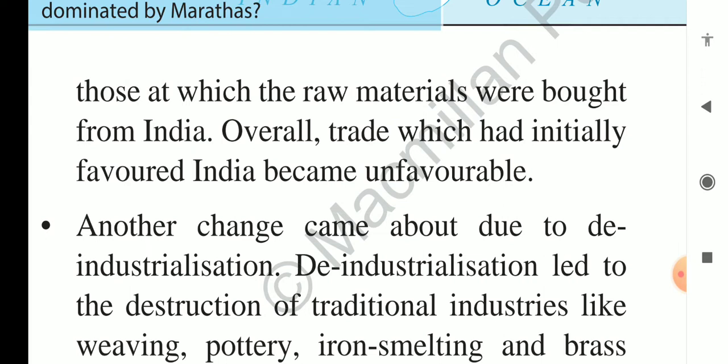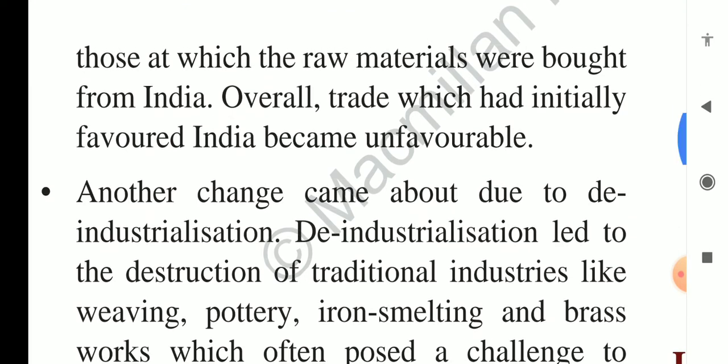It was the most unfavorable condition for India, because Indian raw materials were exported at a very low price, and the finished goods were sold back to India at a very high price.